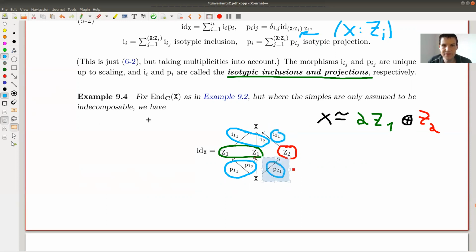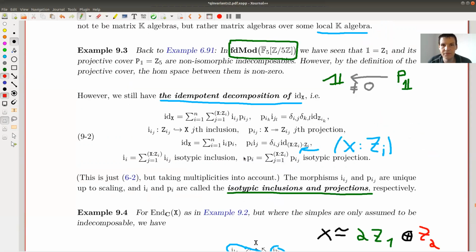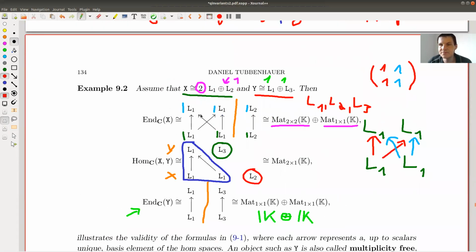So you don't have this nice pattern of just matrix algebras. In some sense, it's the same. It's just a bit more complicated because now you have Z's, and homs between Z's are not necessarily trivial. So if you want to write down component maps for each of those arrows, then these are, of course, the projection matrices, the idempotents, at least in one direction.